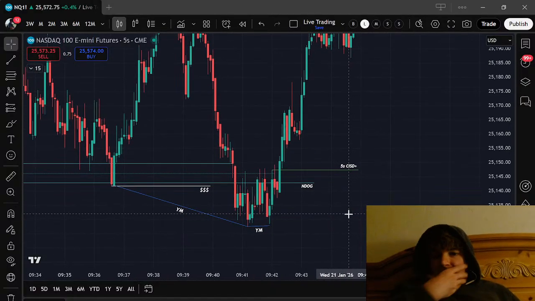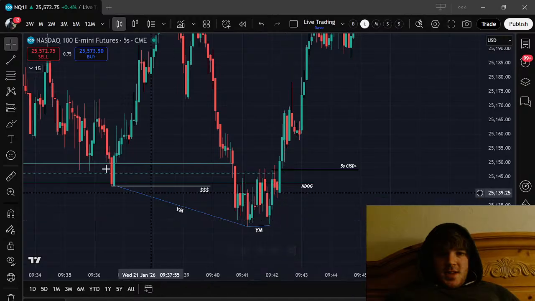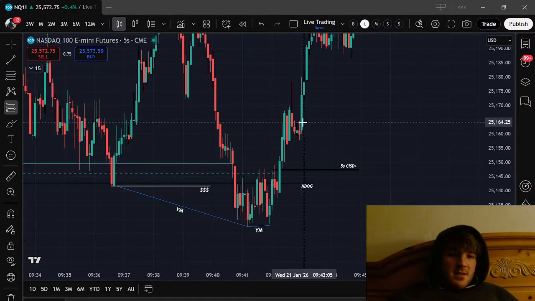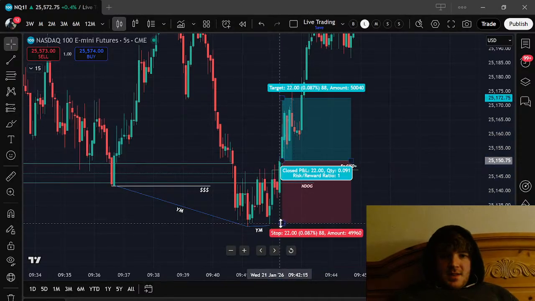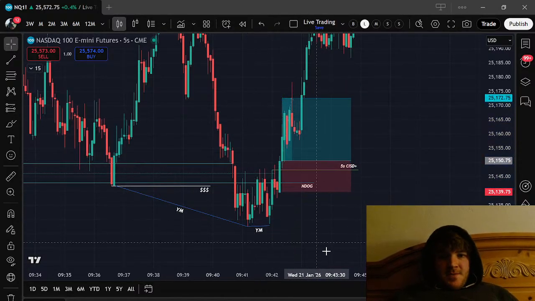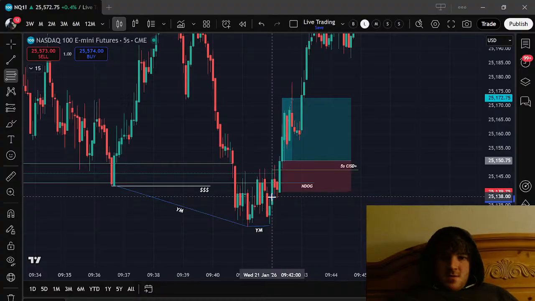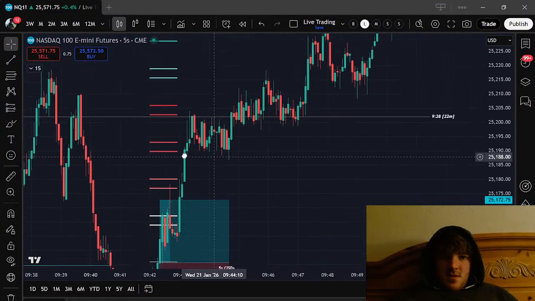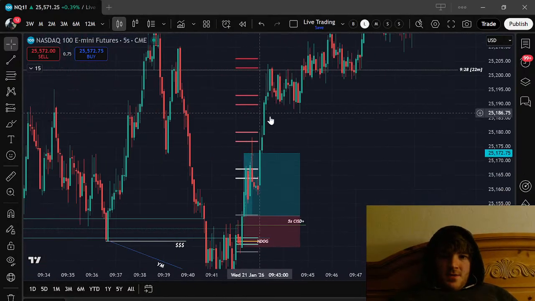So guys, this is my shadow model, where you just take a change of state of delivery off of a new day opening gap, and that's it. That's really it. I would target 4 projections.